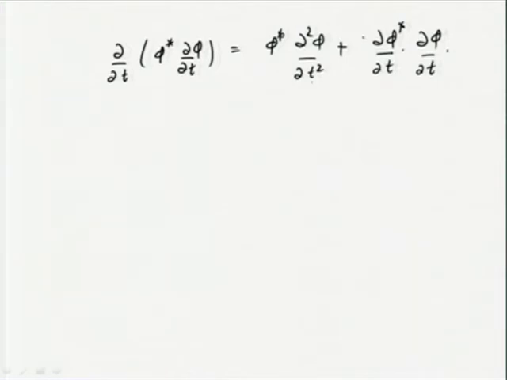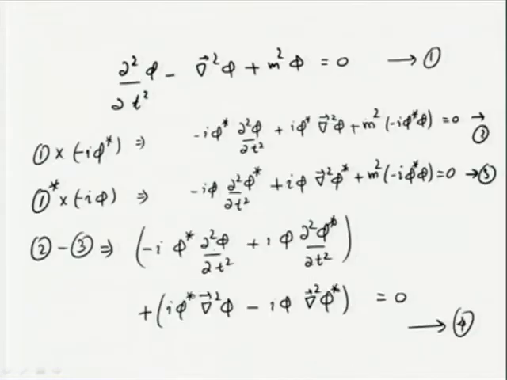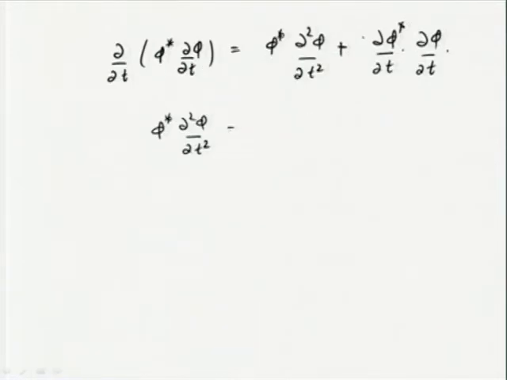But then that is equal to the total time derivative acting on both phi star and ∂phi/∂t, minus the extra term on the right hand side of the first equation here, which is ∂phi star/∂t ∂phi/∂t.